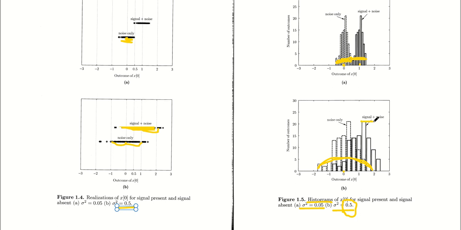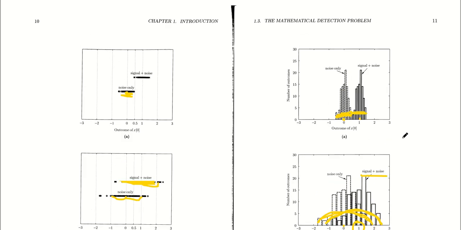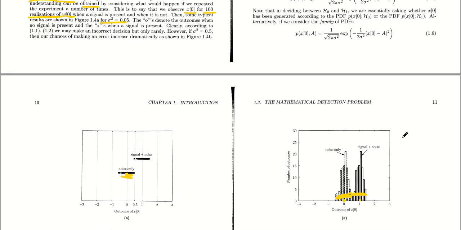And for signal plus noise, it also deviates a lot. As you expect, it's going to make more errors. The reason is the outcome of the zero hypothesis covers the range of the one hypothesis, right? But up to this point, we are still visualizing it. We haven't done the mathematics yet, and we're going to do that.